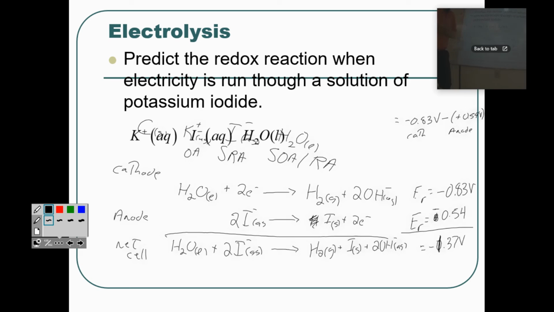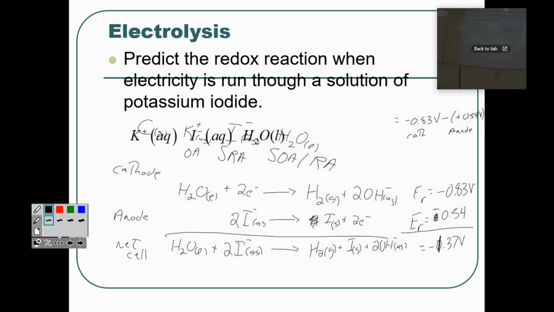Now, what are some of the things that we can see as this progresses, and where would you see it? What would the pH do? Lower. You're creating hydroxide, so it's becoming more basic.